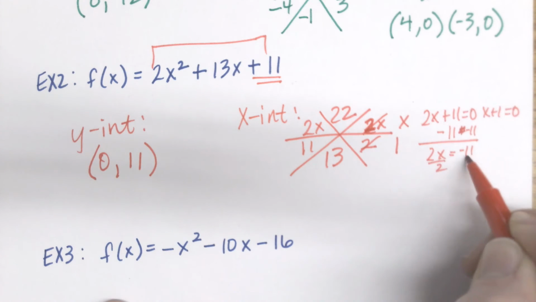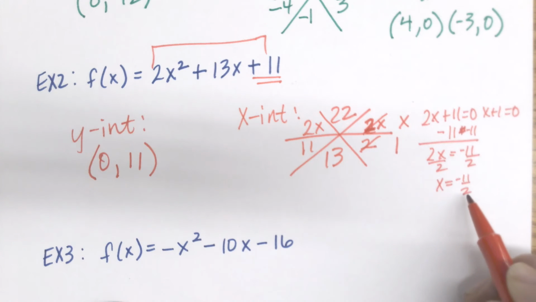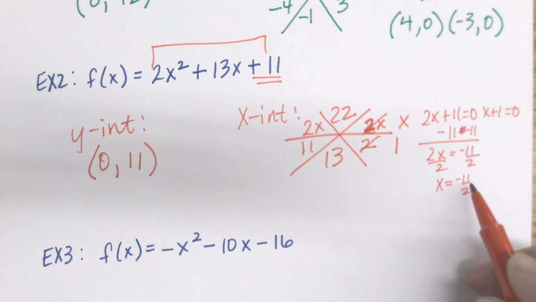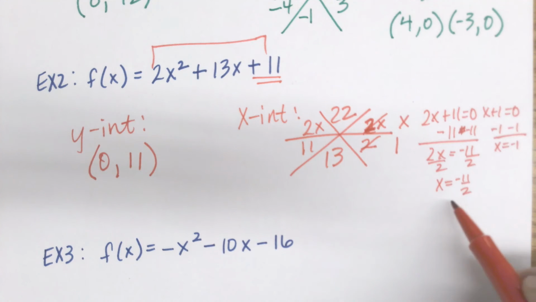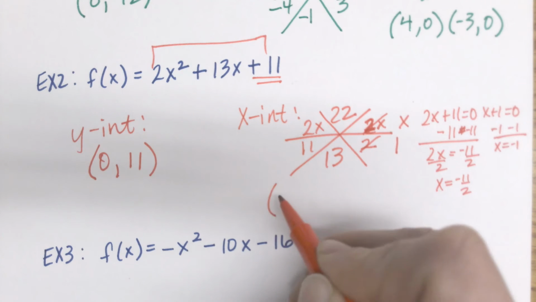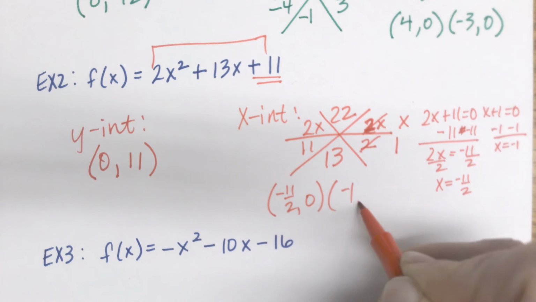Then I'll divide by 2, x is negative 11 halves. I just leave it like that. When we graph it, we'll convert it into something else, but I would suggest you leave it like that. That's perfectly fine. When I'm solving the other side, I get my other value, so my x-intercepts are (negative 11 halves, 0) and (negative 1, 0).